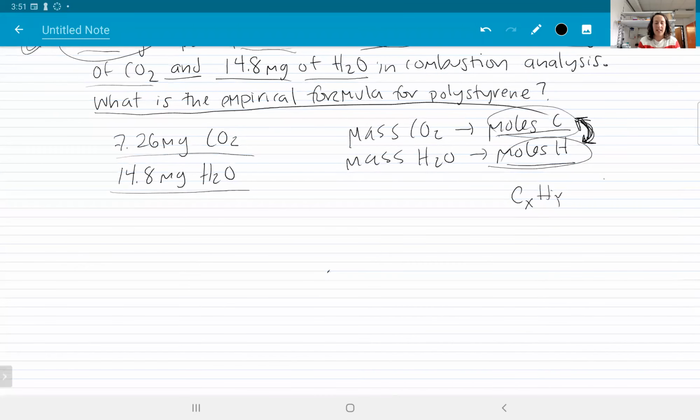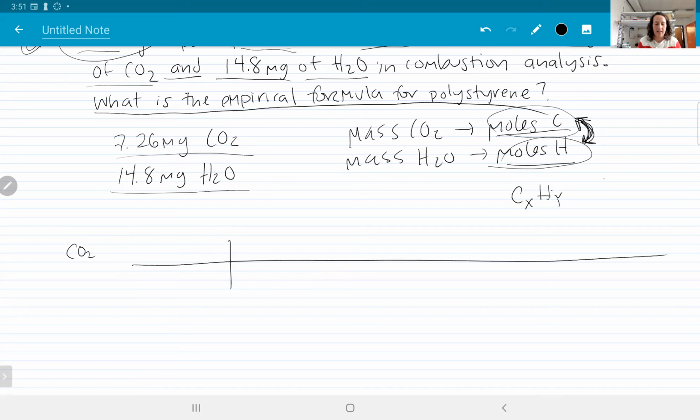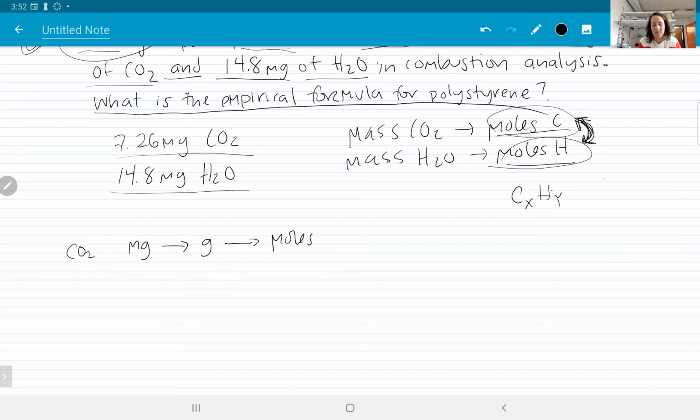So if we're looking at our dimensional analysis, let's do our carbon dioxide first, okay? Let's see. Maybe let's do a little concept map first. So CO2. I'm starting with milligrams of CO2. I need to get to grams, right? Because I'm going to have to get to moles of CO2 and then convert moles of CO2 to moles of carbon. All right. So milligrams of CO2, grams of CO2.